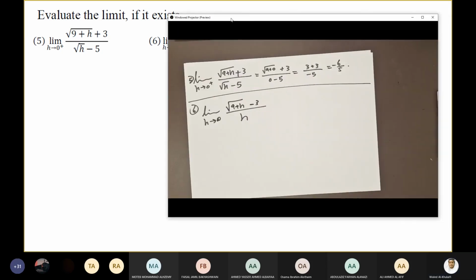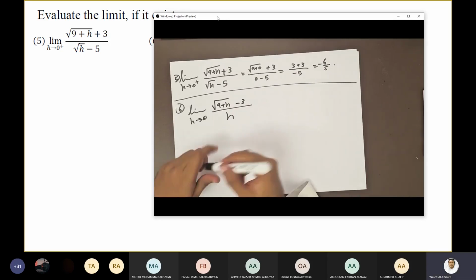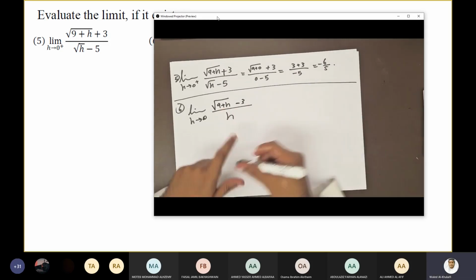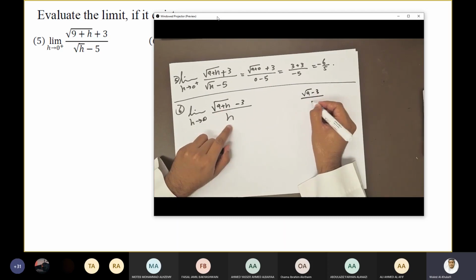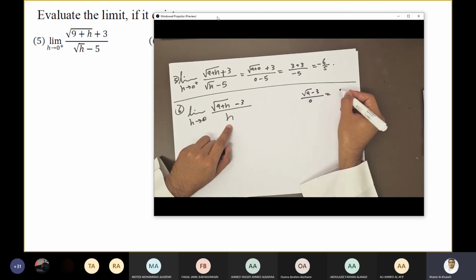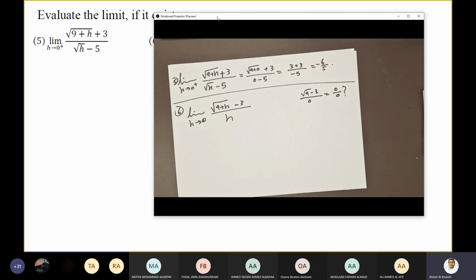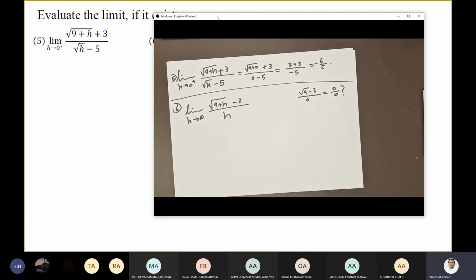Now, when I substitute, I have root of 9 minus 3 over 0. Root 9 means 3, minus 3 means 0 over 0. Here I have a problem.